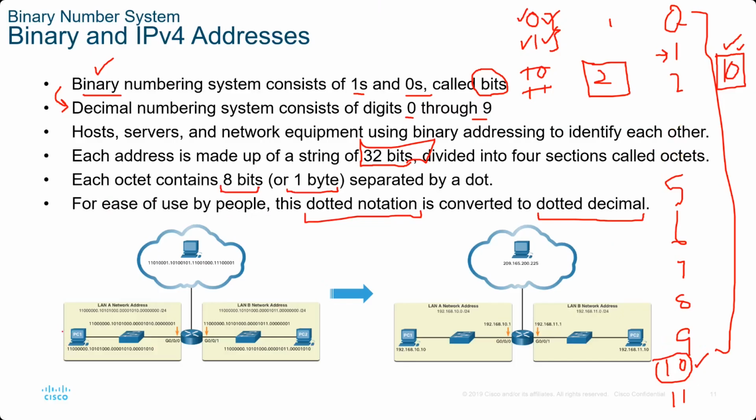So for example, if you have a computer here, PC1, it wants to send something to another computer here. Both of these computers, computer A and computer B, must have an IPv4 address. So when it sends a packet, inside the packet it will mention what is my address as a source address. And then who is it sending this message to? That will be mentioned in a destination address.